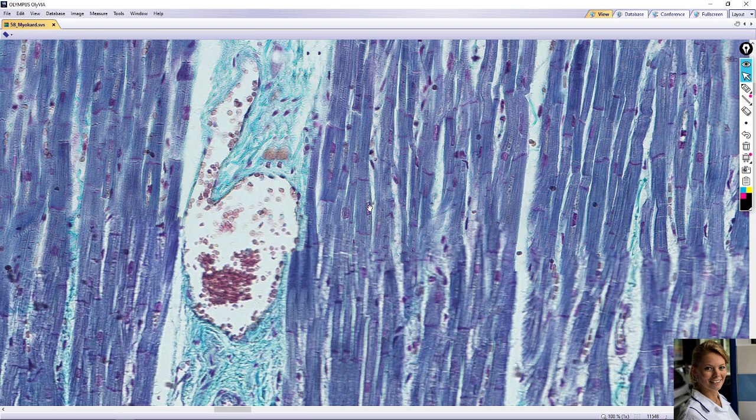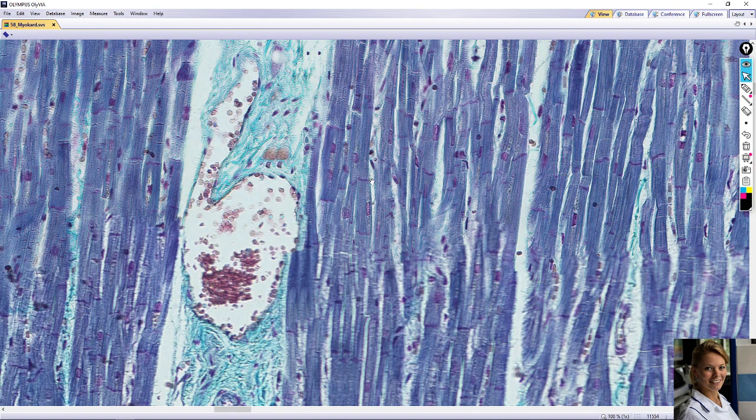A highly characteristic feature of cardiac muscle is the intercalated disc. These dark staining structures here are found at irregular intervals and represent the specialized junctional complexes between cardiac muscle cells.